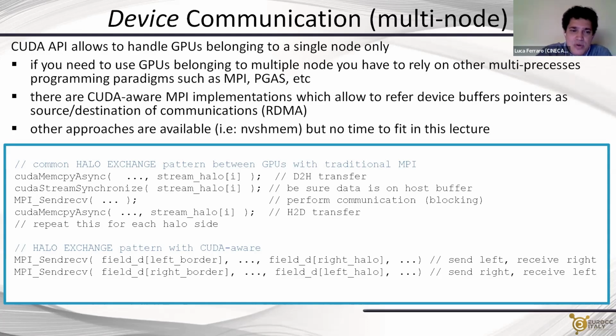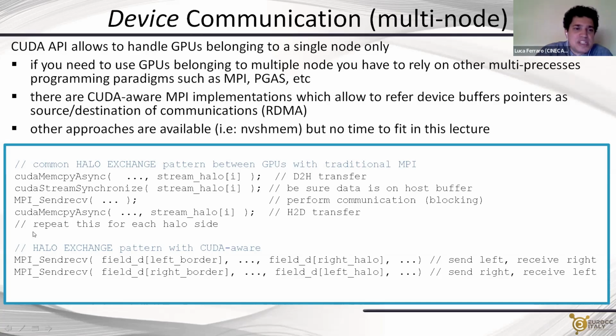But sometimes you can have access to MPI implementation, which are CUDA aware. There are many MPI implementations which are CUDA aware. What does it mean? This means that the API of MPI can be used addressing directly the pointers, so the names of the buffers of the GPU side.